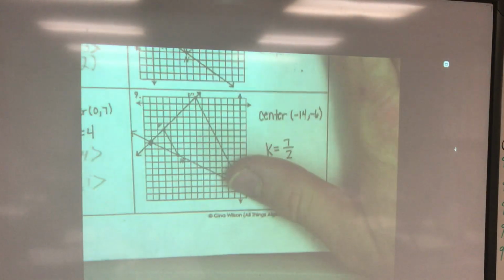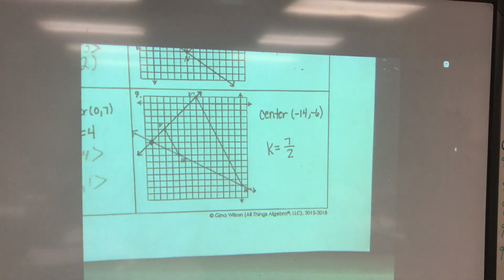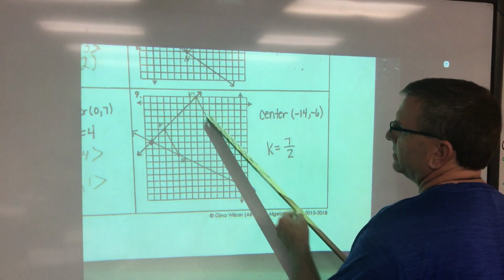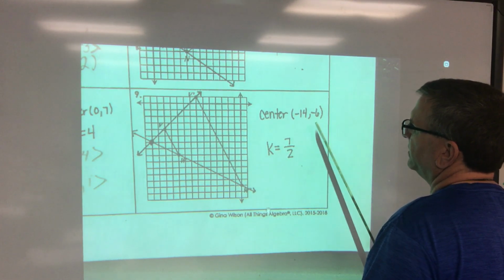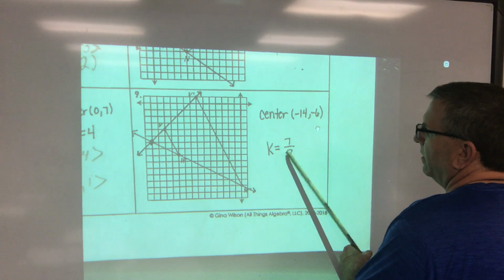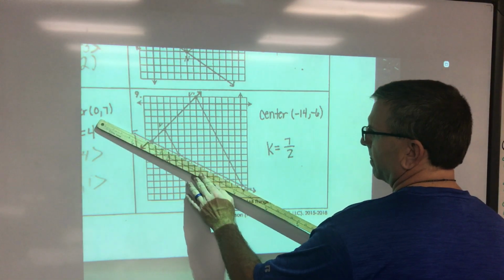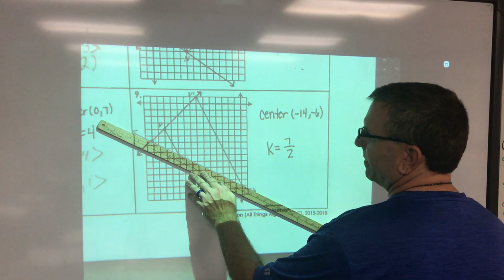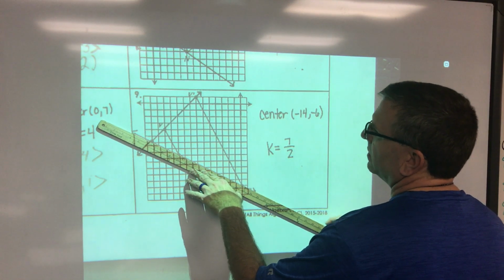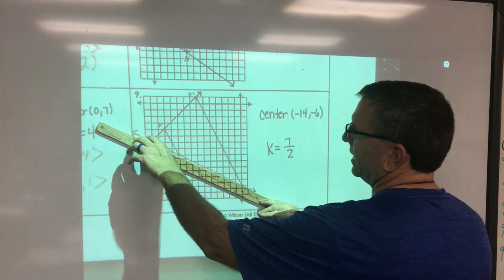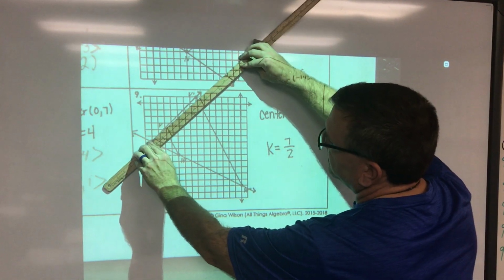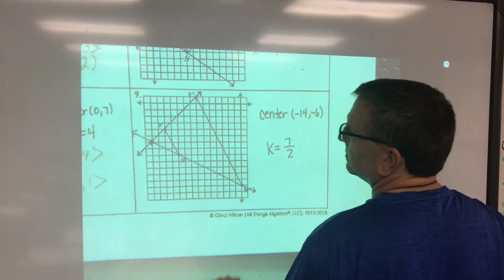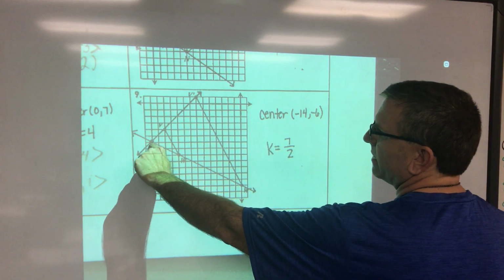All right, how do we find, if I set up, here are my 2 lines, how do we know what our center is and what our scale factor is? So first, I'm going to set up all my W's, cut a straight line, then I set my V's and cut a straight line, and where do they meet?